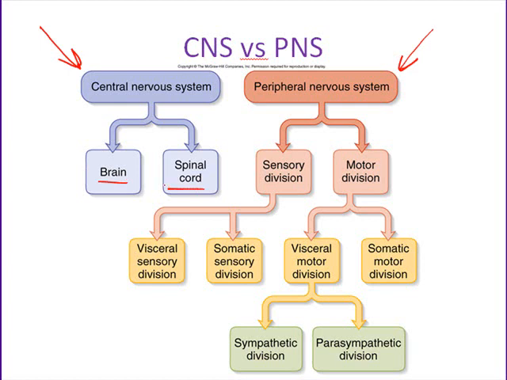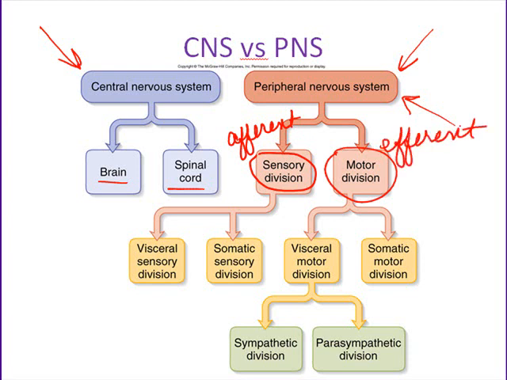On the other side here in the peripheral nervous system, there are two divisions, a sensory division, which is often called the afferent division because it receives information from the environment and carries it towards the central nervous system via the spinal cord towards the brain. And there's the motor division, which is also called the efferent division. Efferent is for signals exiting the brain and spinal cord and going out to a target organ to control some sort of motor response, be it contraction of a skeletal muscle, contraction of cardiac muscle, secretion from a gland, etc.